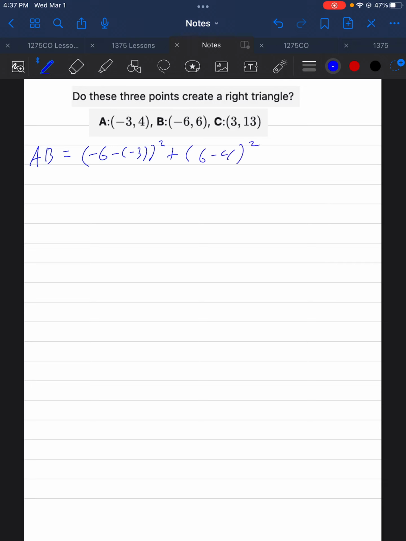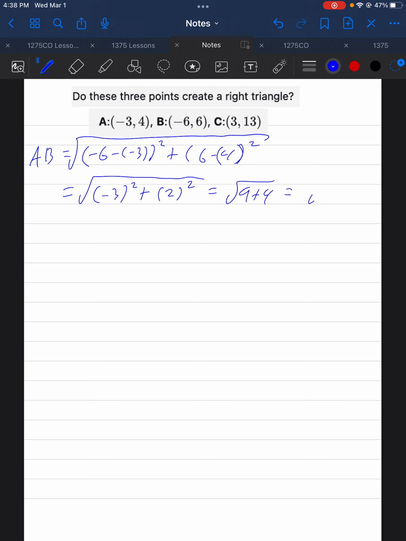And I'm being a little lazy here. I should put parentheses here around that second substitution. And let's apply the distance formula to this. That's going to be -3 to the second power plus 2 to the second power, which is going to equal the square root of 9 plus 4, which is going to equal the square root of 13.